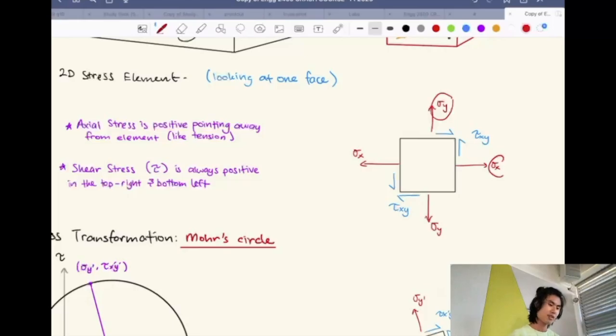Those are typically denoted as positive if they're pointing in the top right or the bottom left. If they're going this way, then it tends to be negative. And that's just the notation. Yeah. Okay.